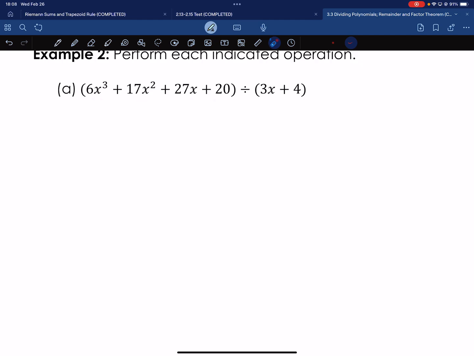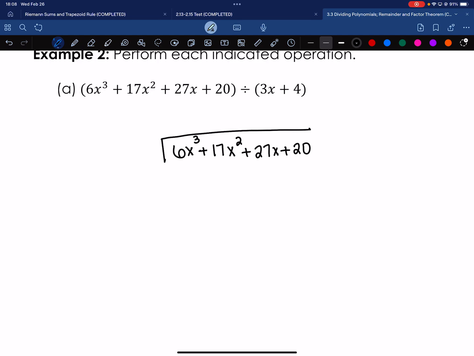The thing that comes first is going to go inside, and then what you're dividing by goes on the outside.